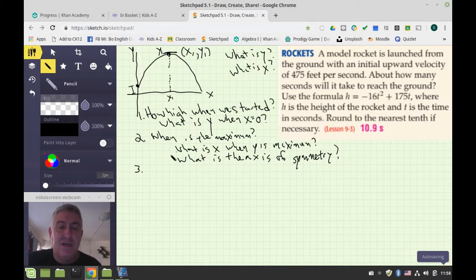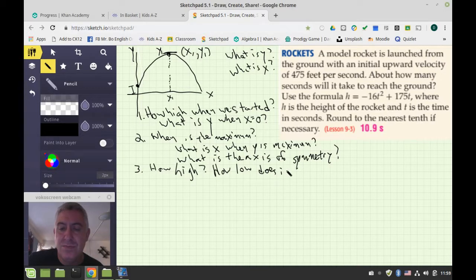And it asks, how high, or how low does it go? And it really wants to know, what is y on the axis of symmetry?